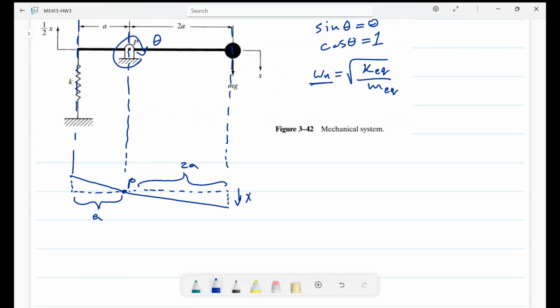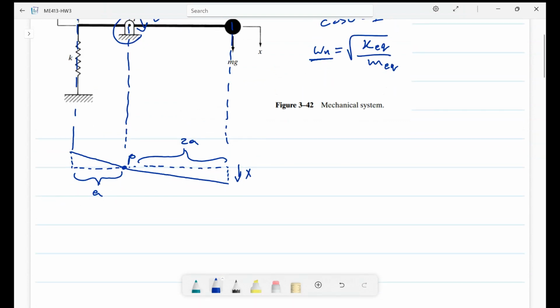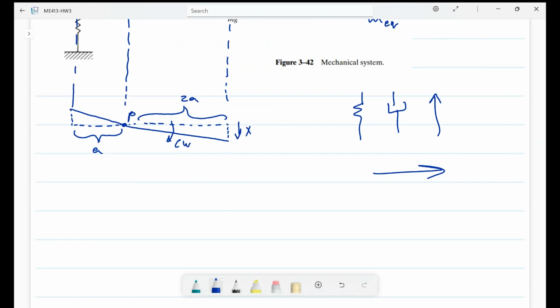First we will start with the spring, and as you can notice our system rotated clockwise. So if you need to replace any spring or damper with a reaction force, you need to make sure that this force will be opposite to your motion. For example, if your system is moving to the right, the reaction force from the spring or damper should resist this movement, so its direction should be to the left. The same if your system is moving up, its direction should be down.